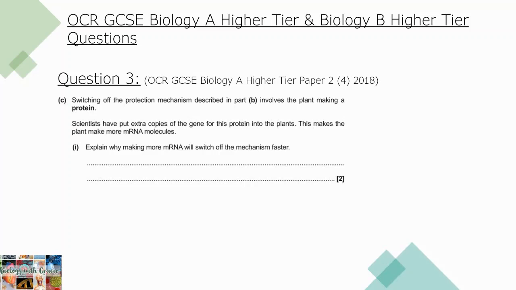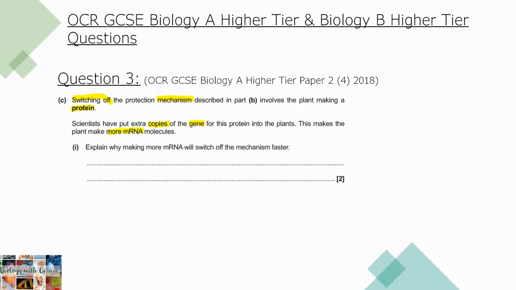Now this question is more about applying your knowledge of protein synthesis, so it may seem a little bit confusing at first, but if we just go through and highlight the key points, then this should make the question easier to understand. So it says that switching off a mechanism involves the plant making a protein. So these scientists have put extra copies of the gene for this protein into the plant, and this is making the plant make more mRNA.